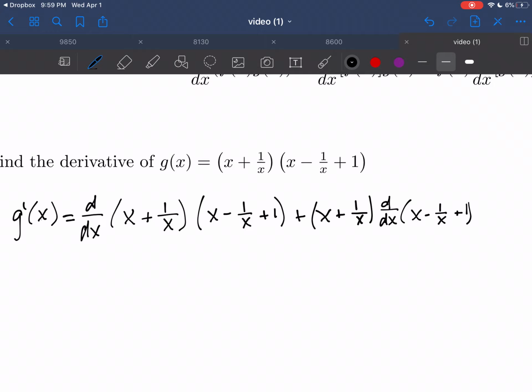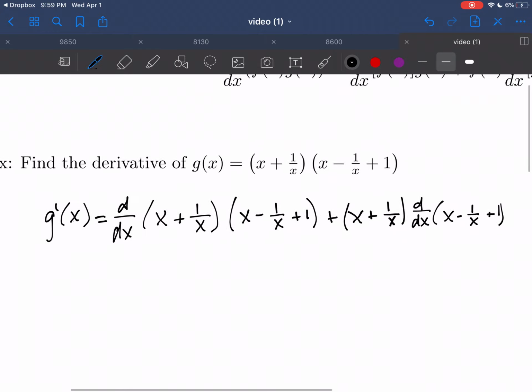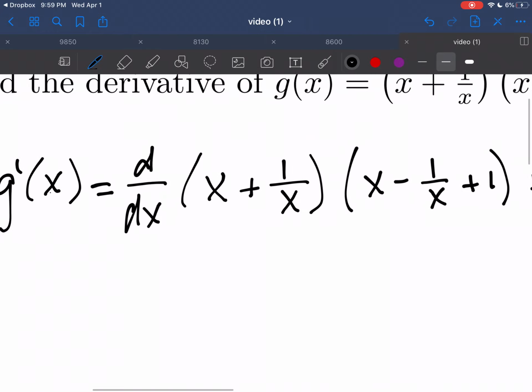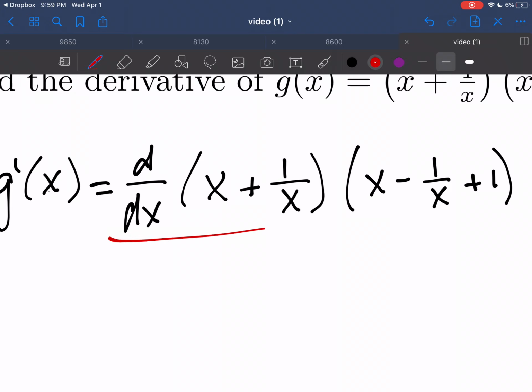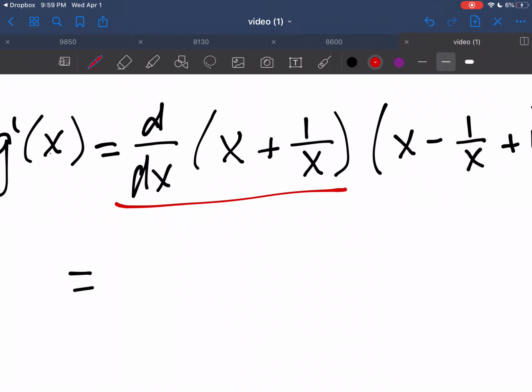Alright, so we'll do the derivative of this first piece first. We'll do that in red. So we've got the derivative of the sum of two functions, so we'll use our sum formula. It'll be the derivative of each individual piece.